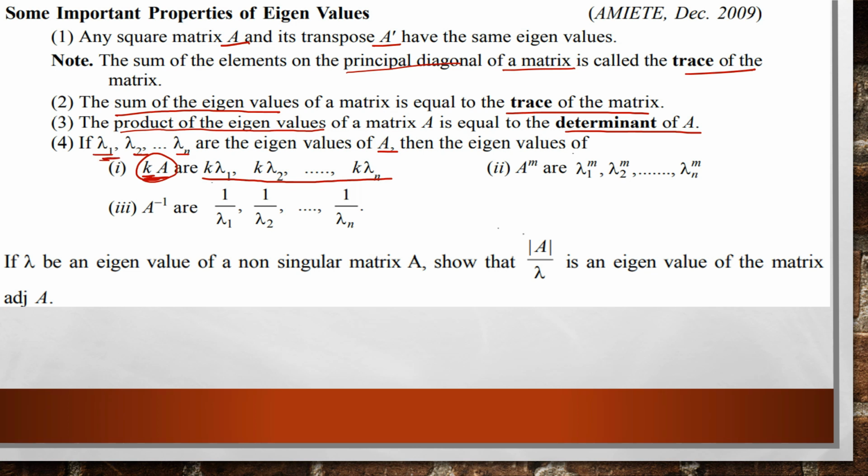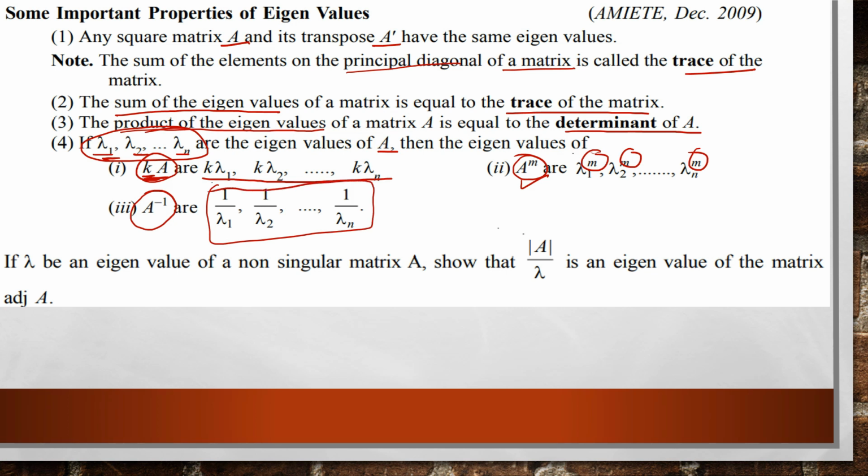Second, if they ask what is the eigenvalue of A power m, you have to take the power m of all the eigenvalues of A. Similarly, if all the eigenvalues are non-zero and A inverse exists, then the eigenvalues of A inverse will be the reciprocals of the eigenvalues of A.